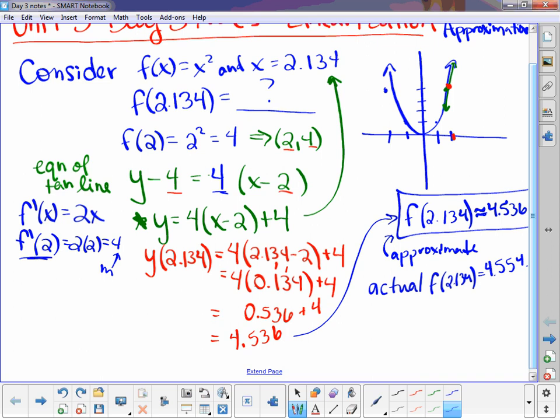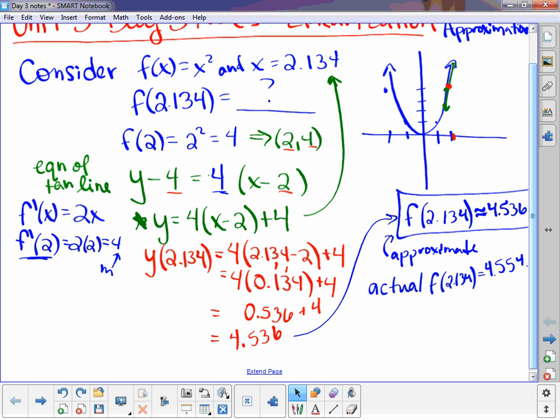Now, in terms of calculus, is 2.134 super close to 2? Or just kind of close? Kind of close. In terms of calculus, we can definitely get a lot closer, right? Probably a better number would be, if our starting number was 2.001 and we used 2, then that would be super close.